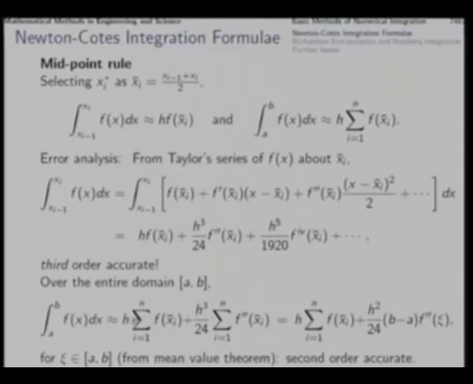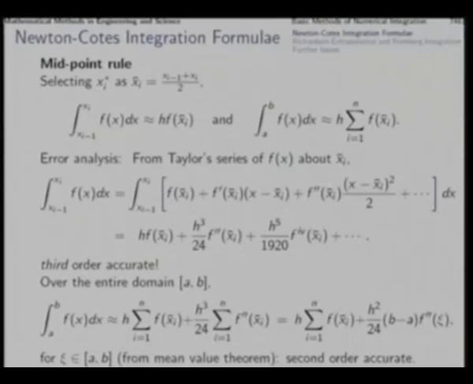So, when we add up this for i equal to 1 to n, this is the midpoint rule formula result, and this will be the error. When we sum it up, we find that the error will have this sum of the second derivatives at these midpoints.